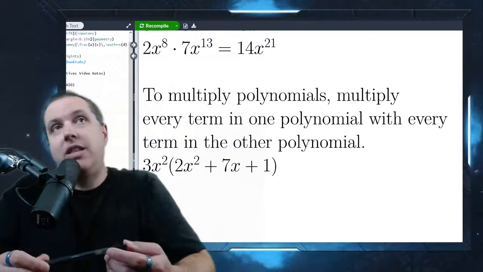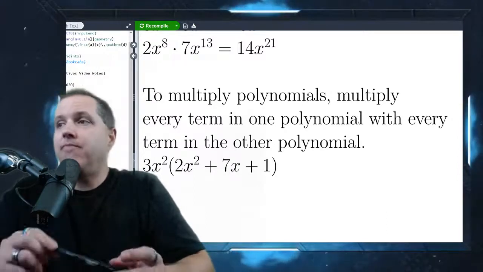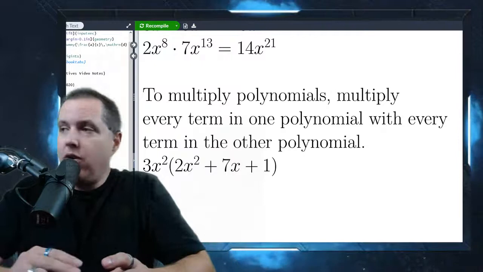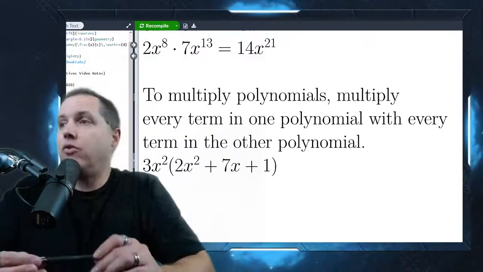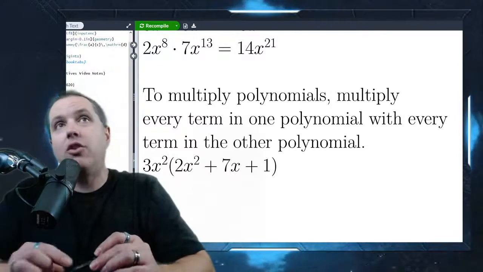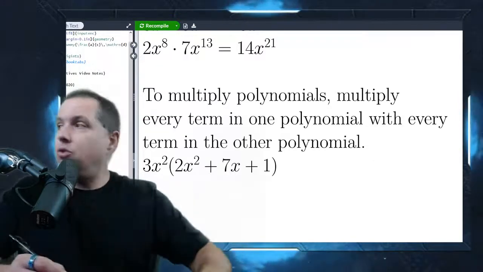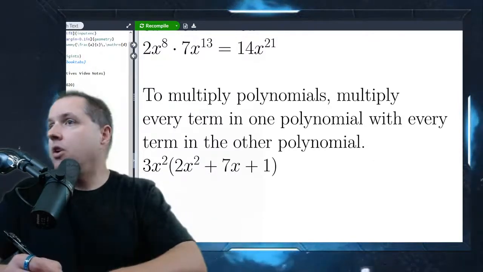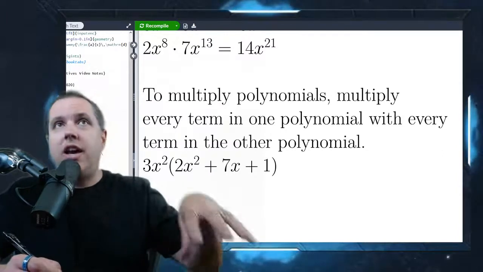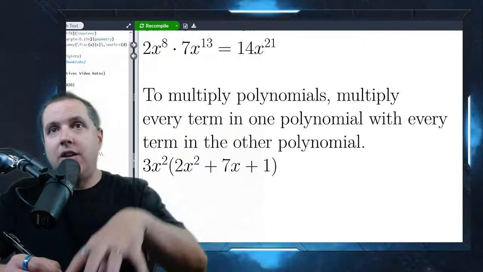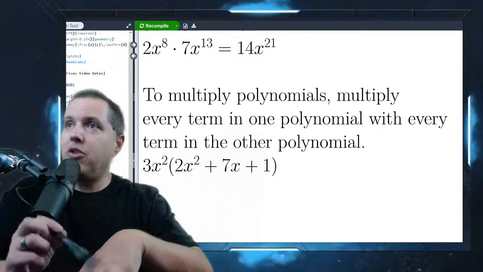This is actually the definition of polynomial multiplication. Every single way that you have all learned, or maybe this is the first time you've ever seen this, but for those of you who have learned this at some other point along the way, whatever way you were shown, it fits this definition. Every term in one polynomial was getting multiplied by every term in the other polynomial.